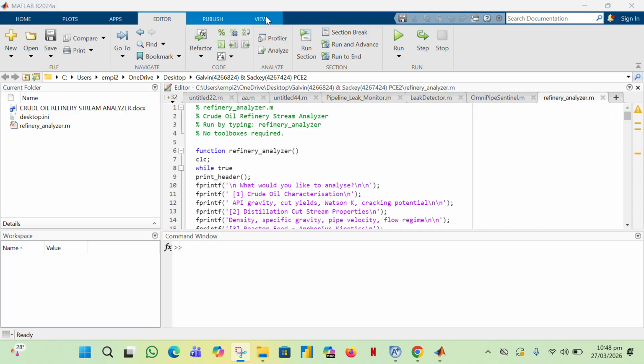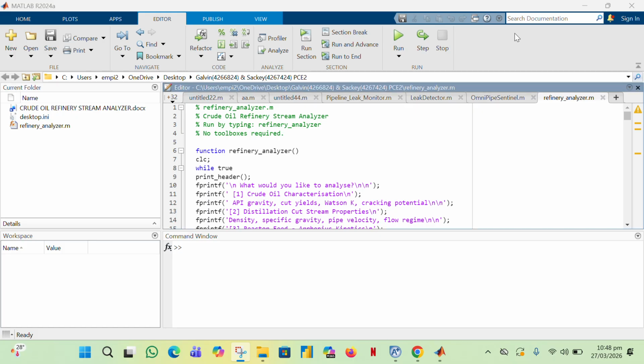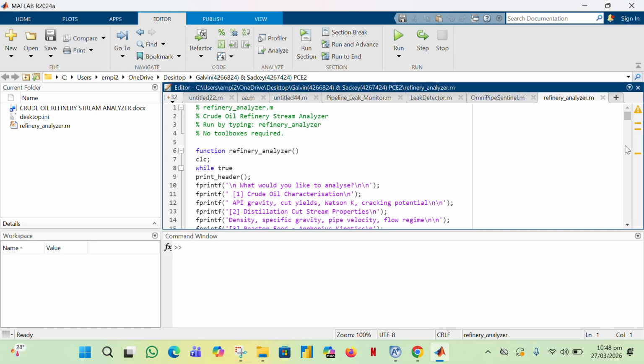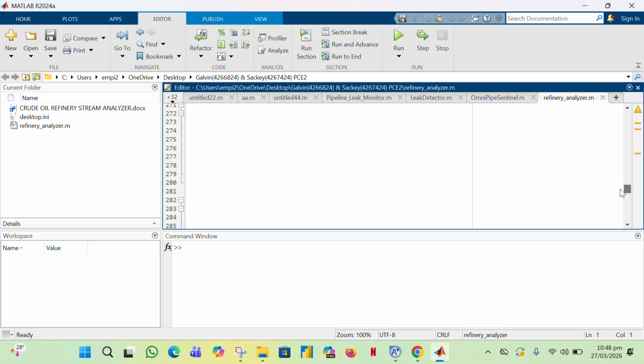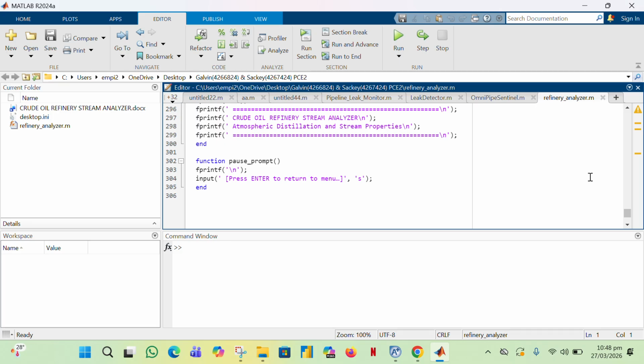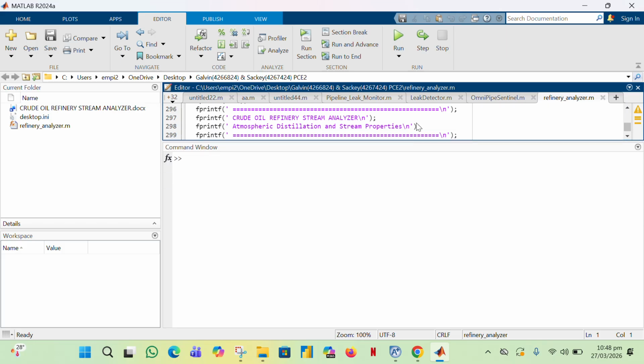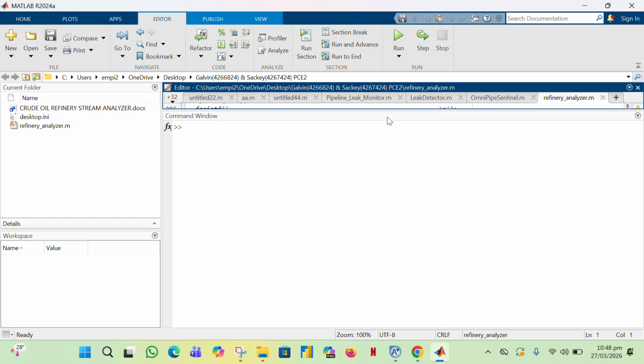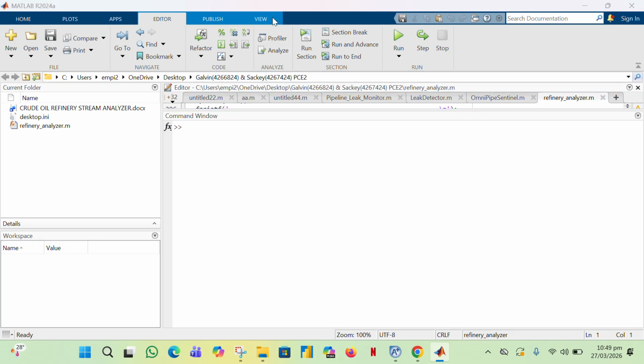So this is the code for the application, and it's about 305 lines of code. So you can open the command window to interact with our app. To launch the application, all I have to do is type the name of the file in the command window, which is Refinery Analyzer.